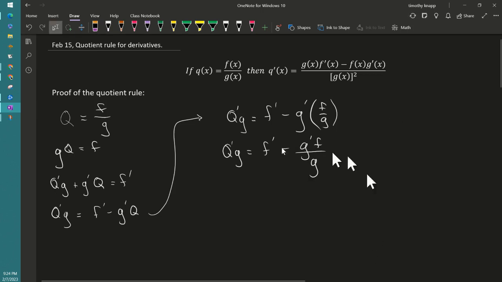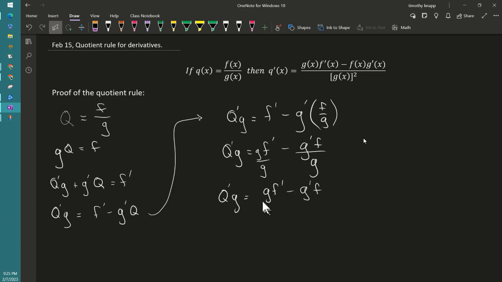And now I'm going to see if I can get a common denominator. So I'm going to multiply this by g over g, thus effectively getting my common denominator. So I get q prime g equals g f prime minus g prime f over g.